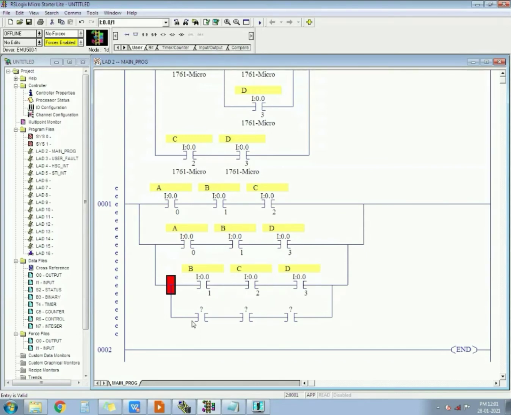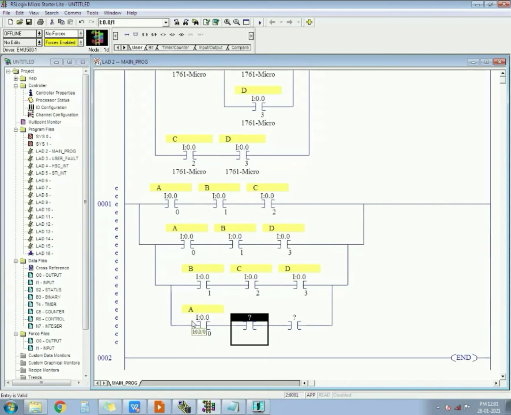Now again, I1:0/0 A, C, D: I1:0/2 C and I1:0/3 D. So these are the possible combinations.